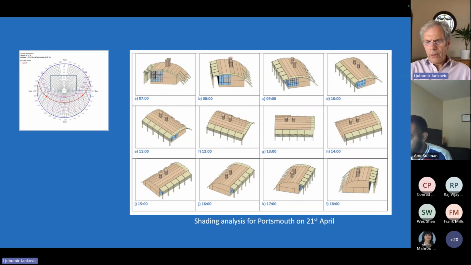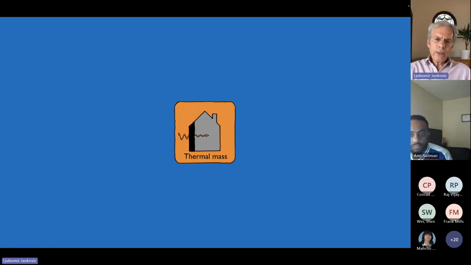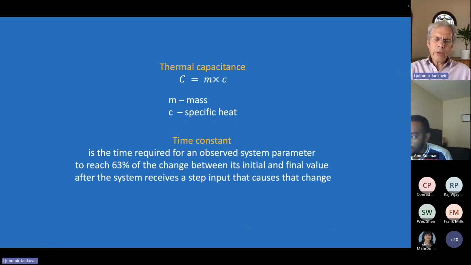Thermal mass is a very important parameter for zero carbon design. To understand thermal mass, we first define thermal capacitance, and that is mass times specific heat.